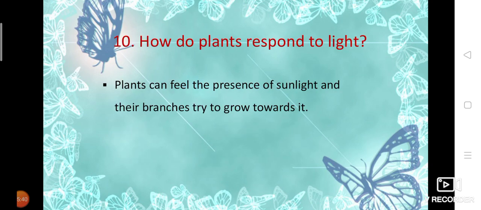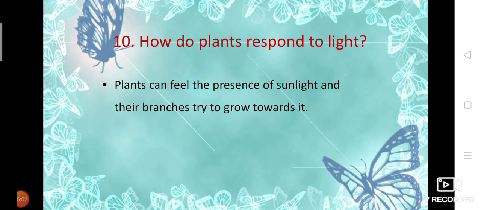Question number 10. How do plants respond to light? Plants can feel the presence of sunlight and their branches try to grow towards it.